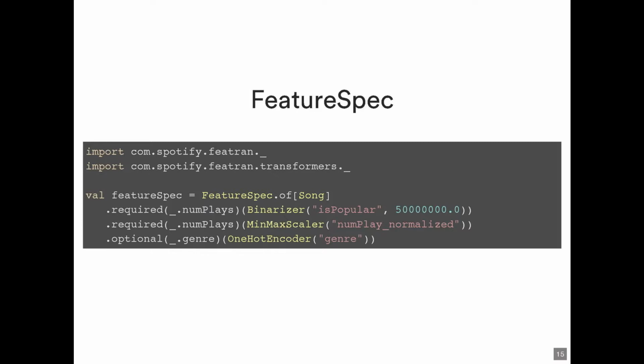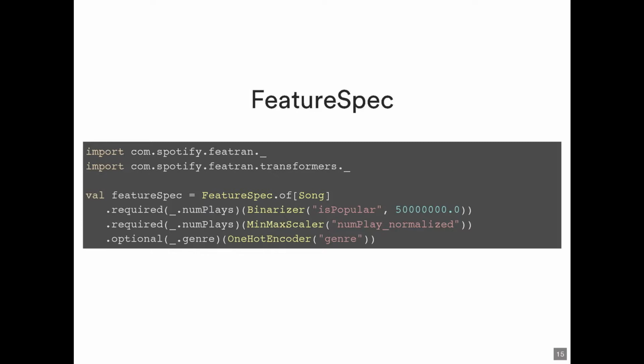For the binarizer, we're pulling out the number of plays, defining it as is popular, and setting the threshold as 50 million. Similarly for the min-max scalar, we're naming it numPlay normalized, and pulling out the number of plays for it to scale. It has a default min and max, and that's why it's not specified. And one hot encoding for genre, as mentioned. Cool, so now you have your specification.